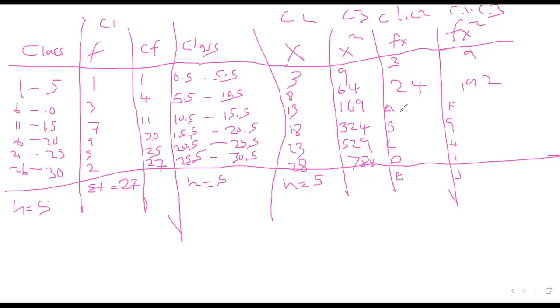At A, we say 7 by 13. So what do we get? 7 times 13, what do we get? 91. Confirmed?